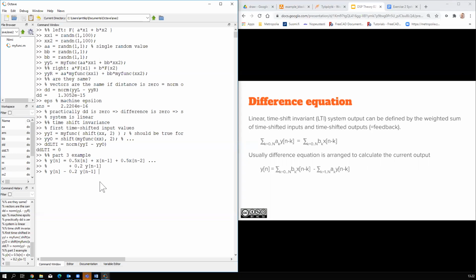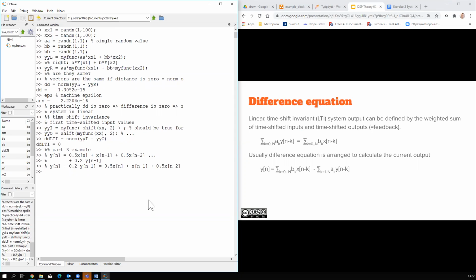So there is a sign change here, which is part of this coefficient here. There. Good. So system coefficients.